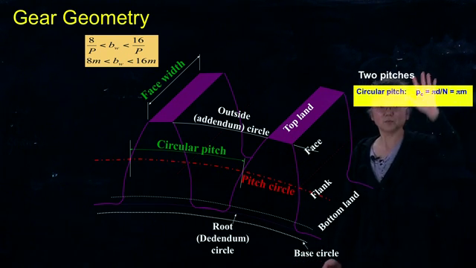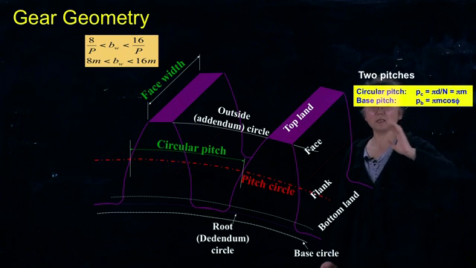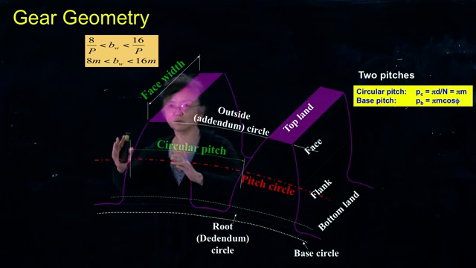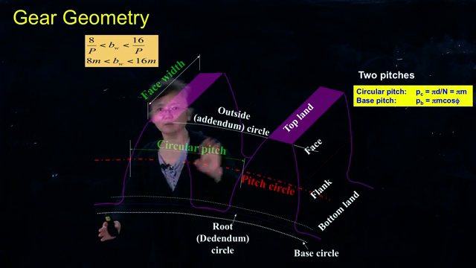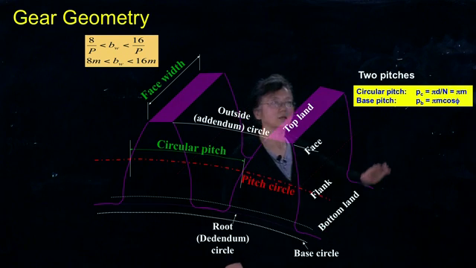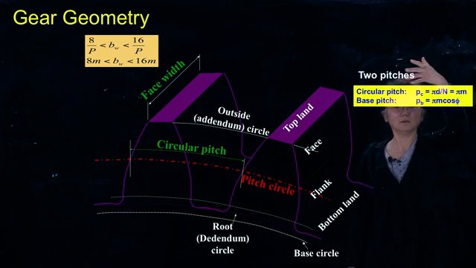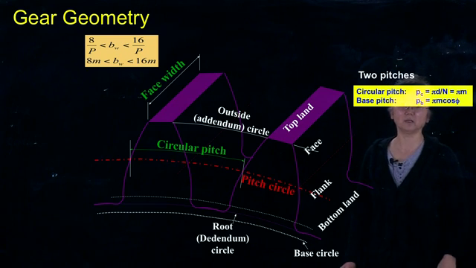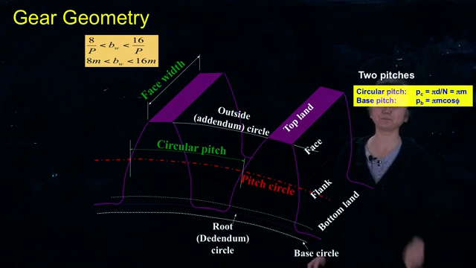Corresponding to this one is the base pitch. Base pitch is when we extend this tooth profile into the base circle, extend the other one to the base circle, then we measure the distance. It is related to the circular pitch by the cosine of the pressure angle. We'll talk about that later.